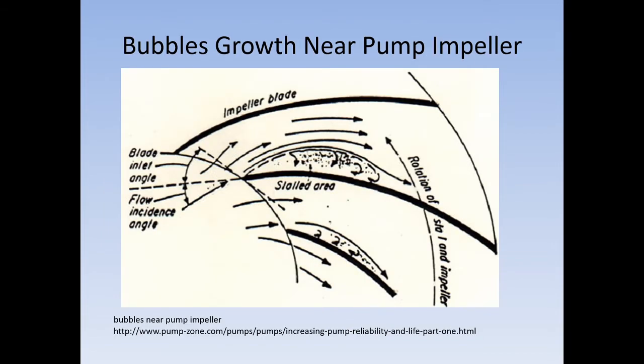So what is the effect actually to the pumps? If this formation of bubbles flows into the pump impellers, it creates a dangerous zone, when the water mixed with vapor accumulates in the impeller area. One day the vapor will collapse and hit the impeller with very high jet speed.